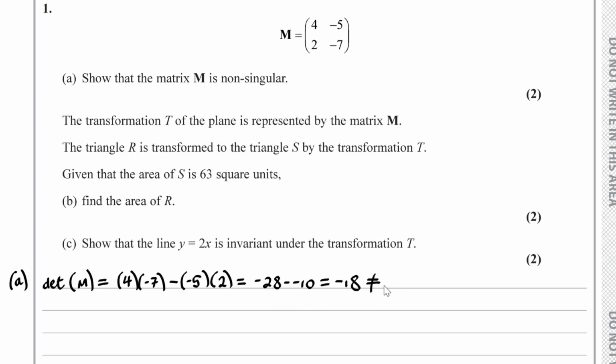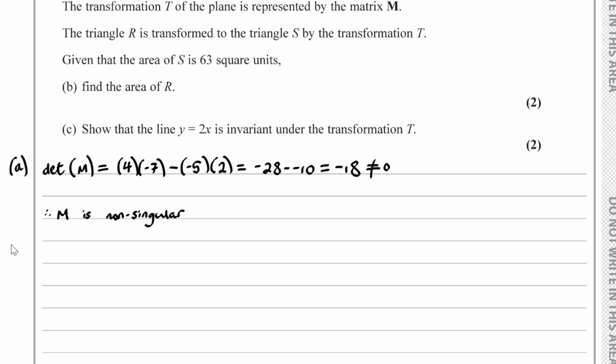And this doesn't equal 0, and therefore we can conclude that the matrix M is non-singular. Okay. Now for part B, the transformation T of the plane is represented by the matrix M. The triangle R is transformed to the triangle S by the transformation T. Given that the area of S is 63 square units, we have to find the area of R.